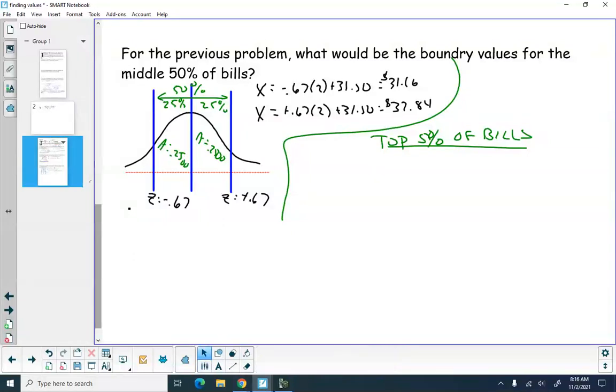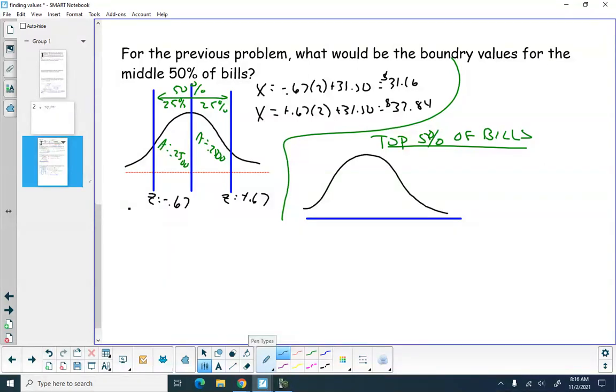Now, if we take a look at our bell-shaped curve, this is what we're looking at. And we're looking for the Z value for the top 5%.